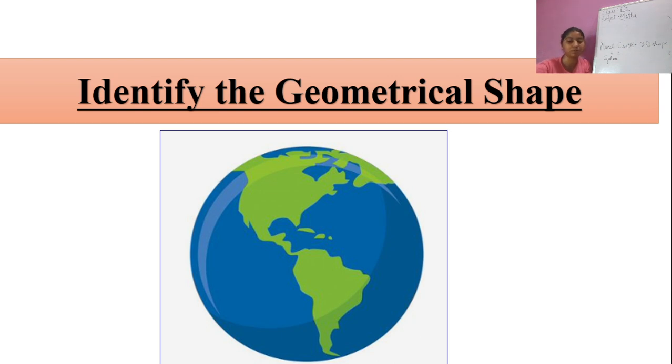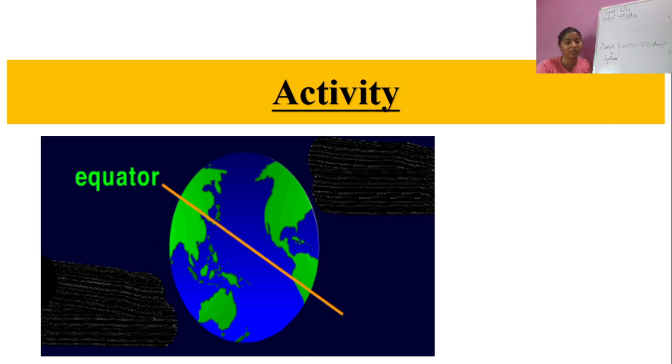Very good, students. Now we have an activity. Do you see our earth again? But now there is one word written in front of your screen, that is equator. You have also noticed there is one line.